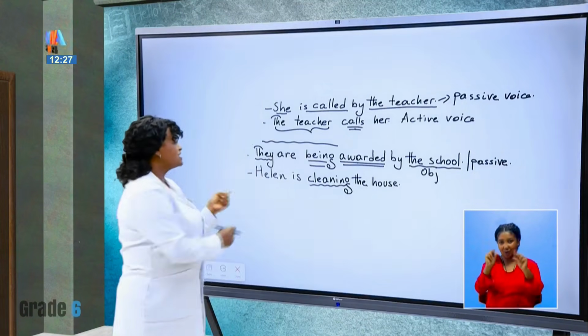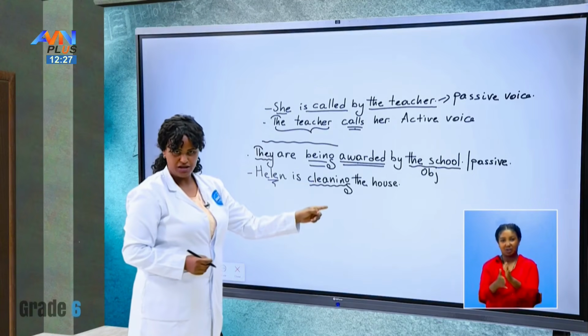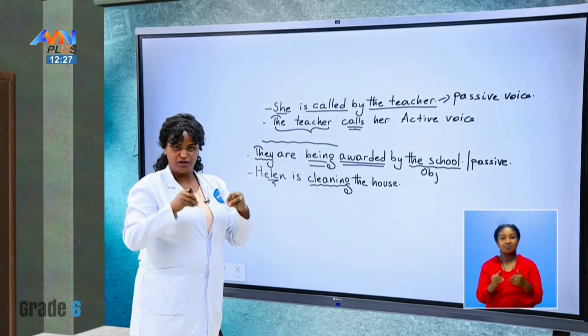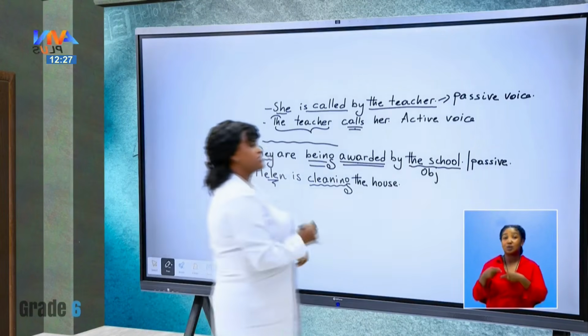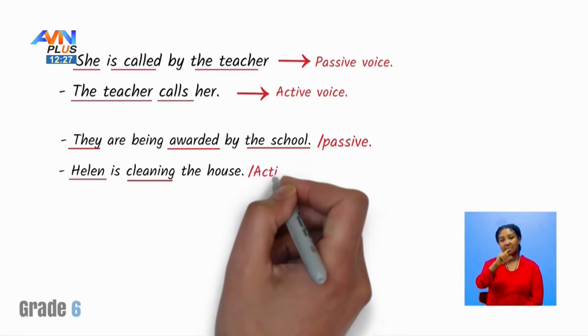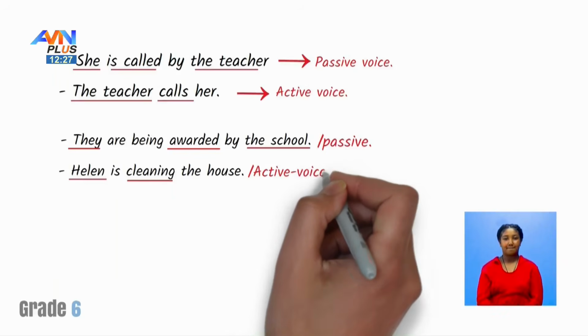So, since our subject here, Helen, is the doer of the action, which means since the subject is active to do the action, then this sentence is what? It is active. Active voice or active sentence, all right?